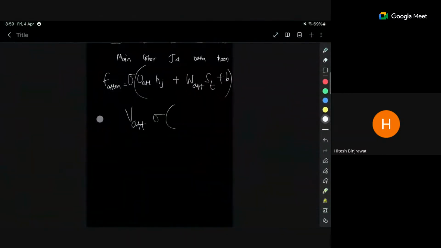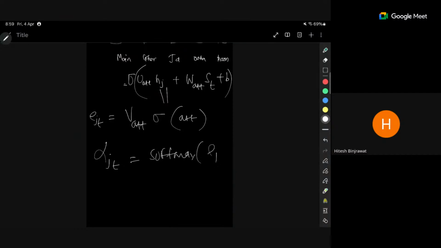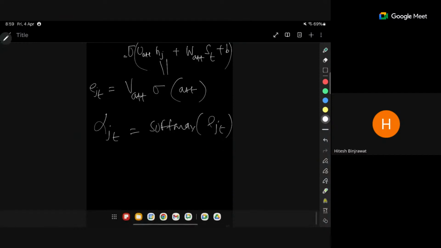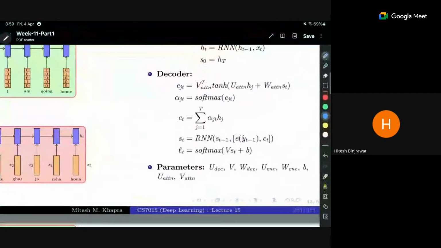So you get EJT, then whatever I wrote here, you apply softmax over EJT, and you get alpha JT, which is the softmax of that. Okay, is it fine? So I'll get alpha JT.